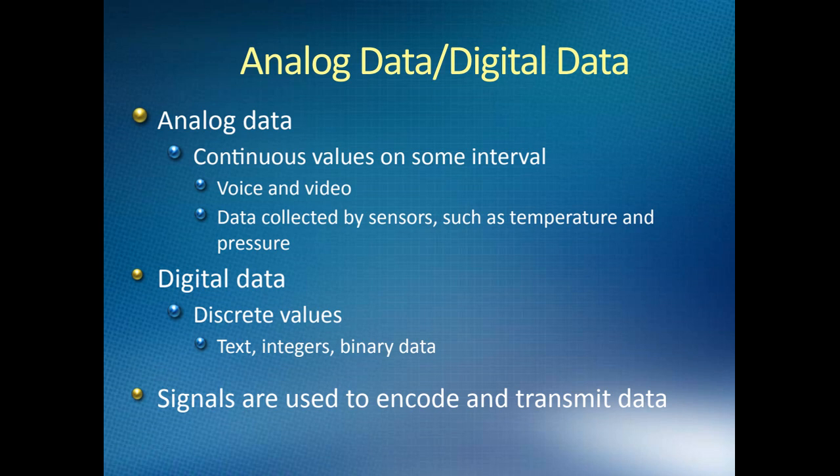Digital data are discrete values like text, integers, binary data, 01110 like this. And signals are used to encode and transmit data on the transmission line. How do I put data on the transmission line? This is signaling.